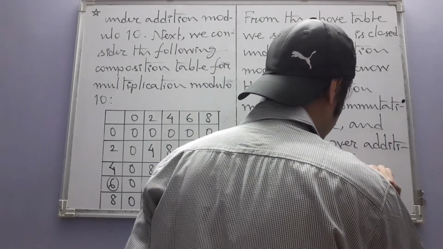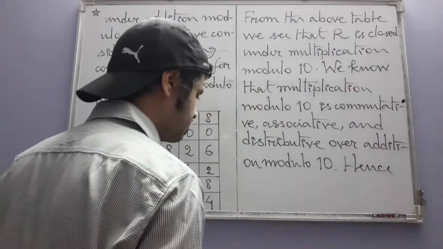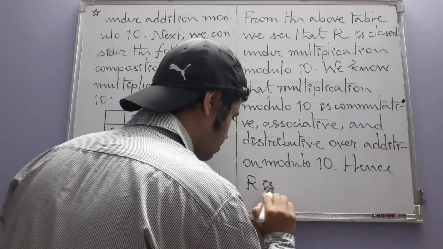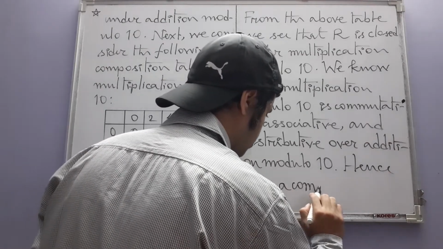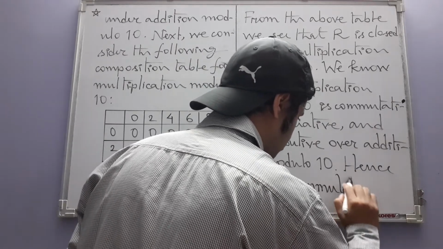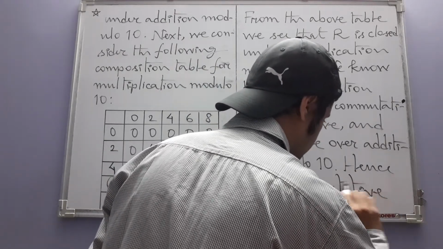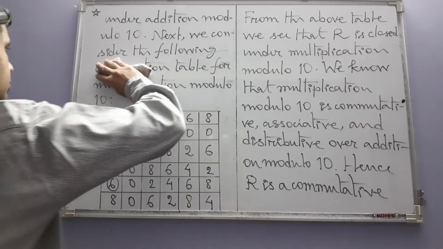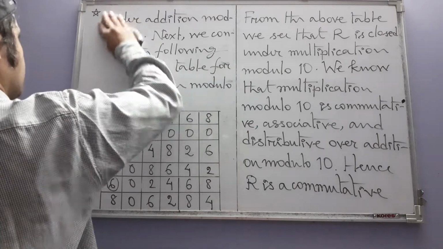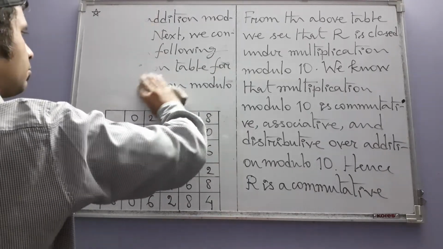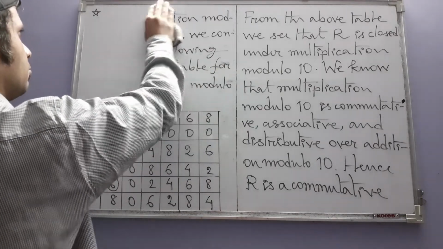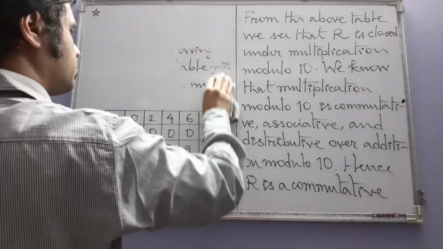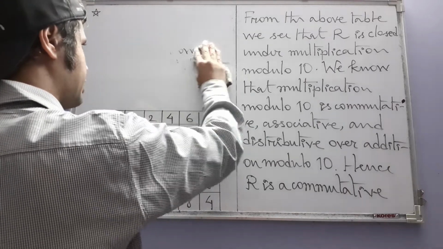So here we conclude, hence R is a commutative ring, when you write the actual solution.